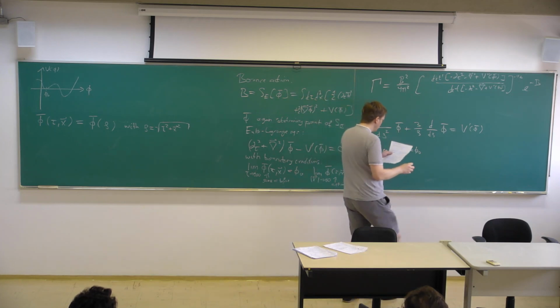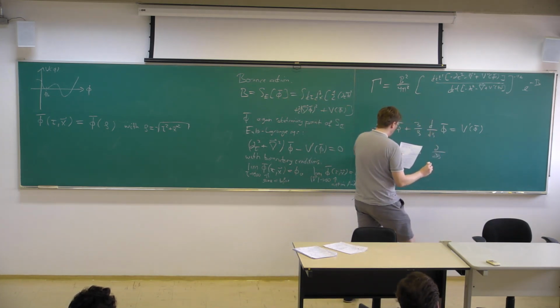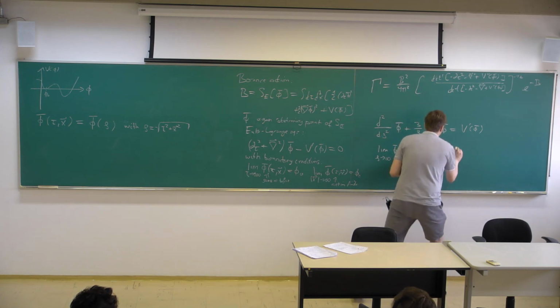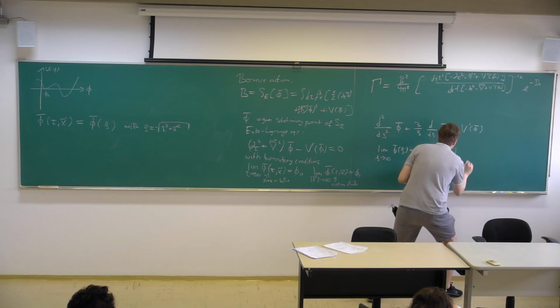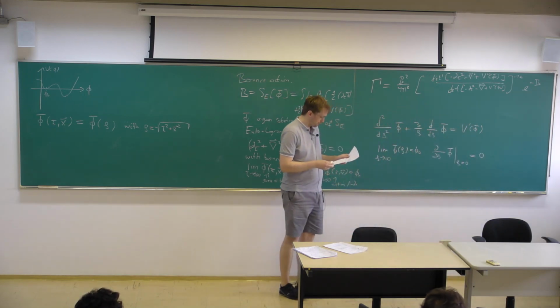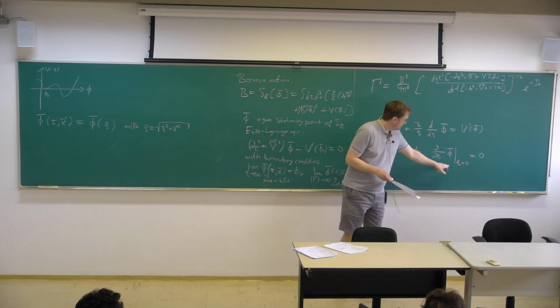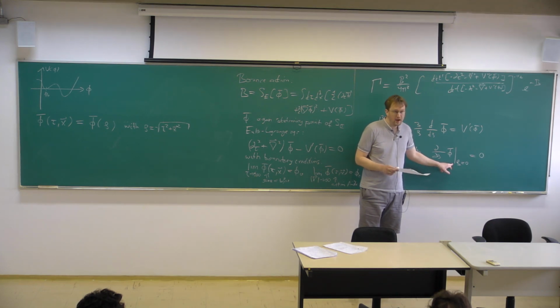And now there's a second condition that we have to impose, which is this derivative of phi bar with respect to rho evaluated at rho equals 0 is 0. And this is just necessary to ensure that the solution is not singular at x equals 0 and tau equals 0.